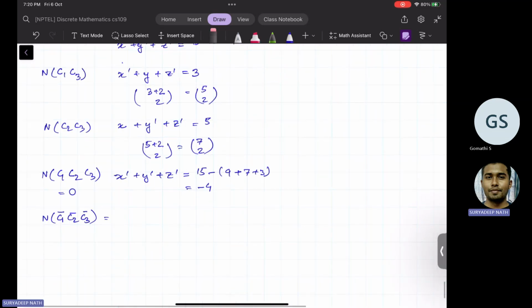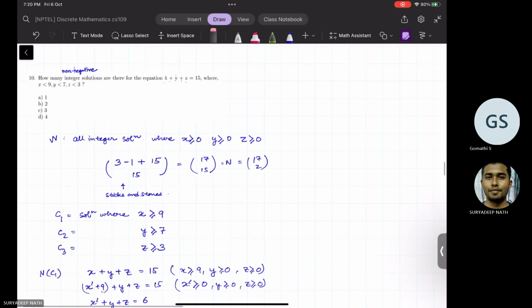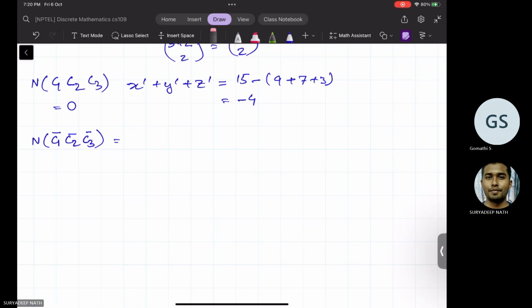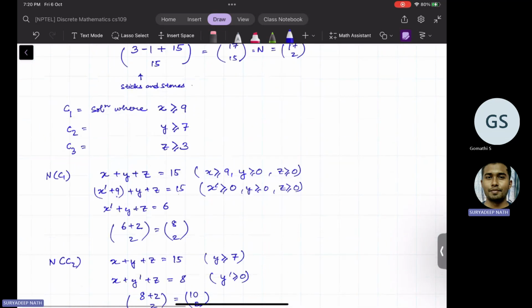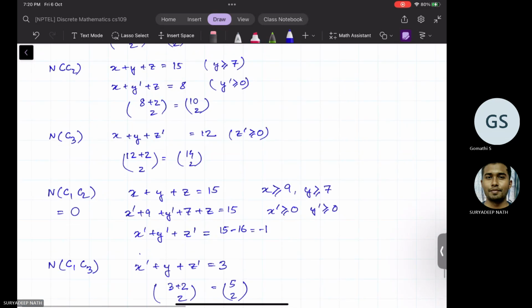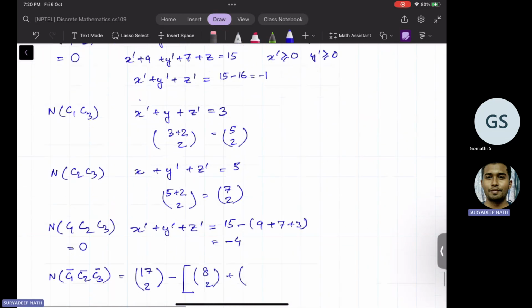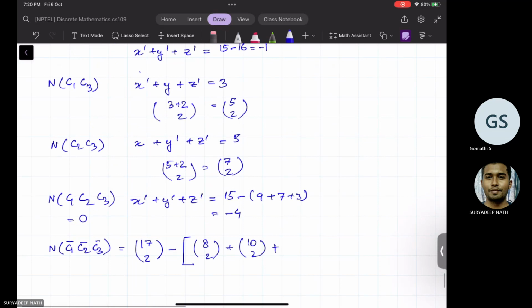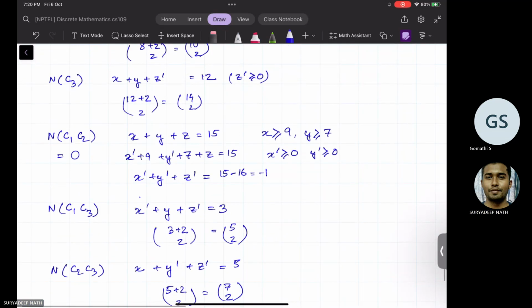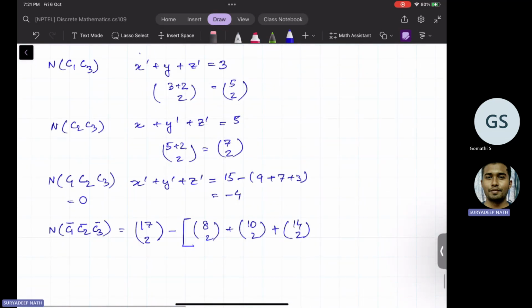So our N was all possible combinations, that is 17 choose 2, minus 8 choose 2 for C1, then 10 choose 2 for C2, 14 choose 2 for C3, and now we'll have to add the doubles.